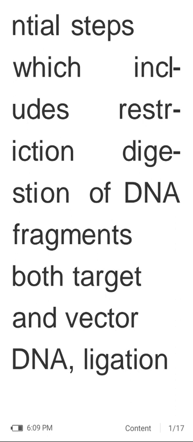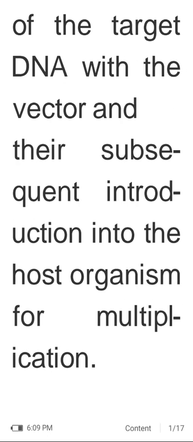We need both the target and the vector DNA fragments, and then ligation of the target DNA with the vector and introduction into the host organism for multiplication. We need many copies.